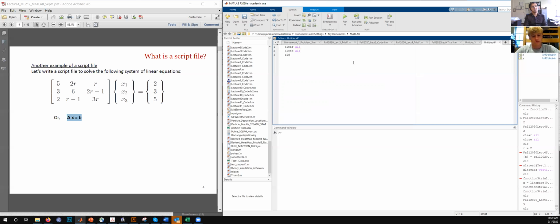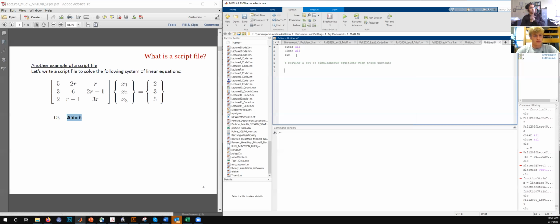And clc, which is going to clean up the command window if it has some stuff already in there. So let's write those things. Then this problem is for solving a set of simultaneous equations with 3 unknowns.